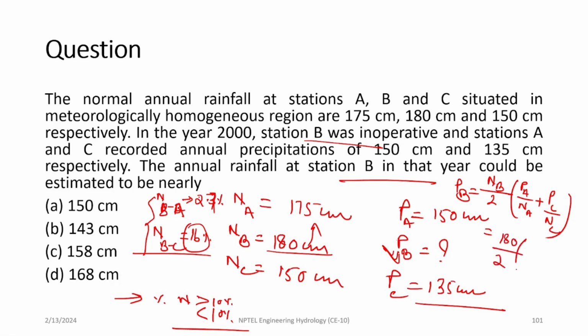So 180 divided by 2, then precipitation PA 150 divided by NA, 175, plus PC, 135 divided by NC, 150. So compute this value. One minute.